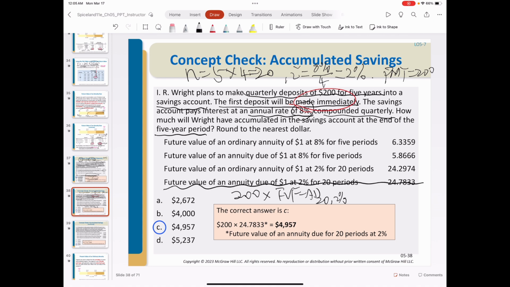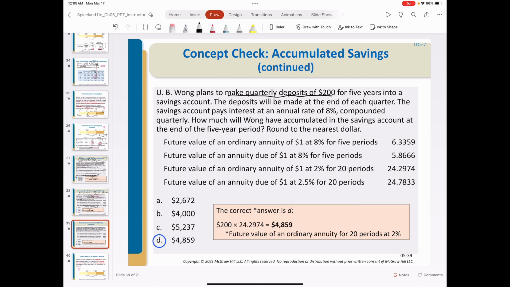The future value of an annuity due of payment equal to $1, 2%, 20 periods. Then we just get the result, $4,957. Based on this assumption, he can accumulate up to $4,957 after 5 years.